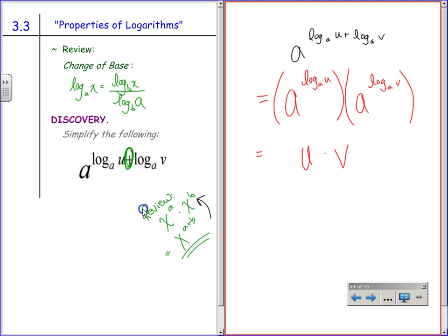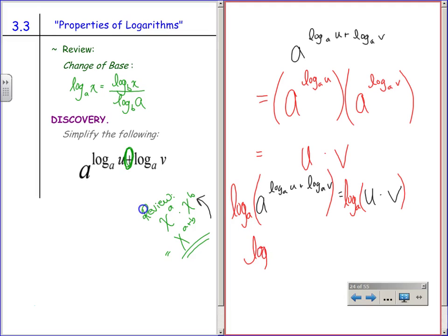This just showed us that I could say that original expression, a to the log base a of u plus log base a of v, is u times v. And here's where it's about to get a little trippy, which means if I were to take log base a of both sides, what I do to one side, I do to the other, totally legal. What happens over here? Yeah, that's gone, and all that's left is what's up here in the power. So log base a of u plus log base a of v is equal to log base a of u times v.